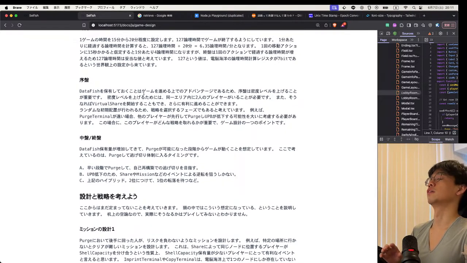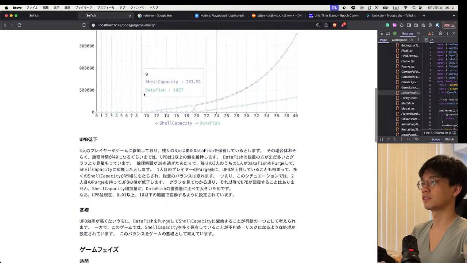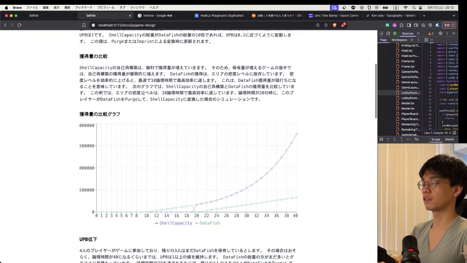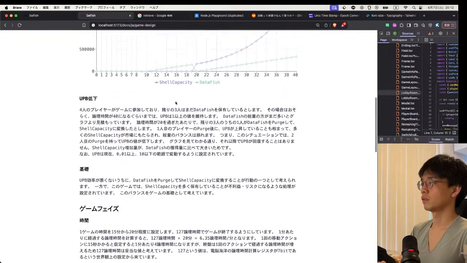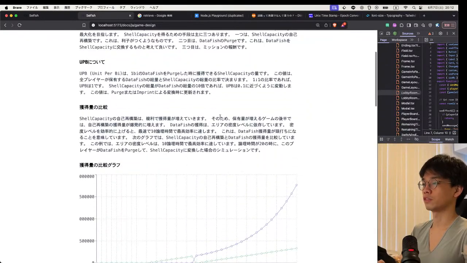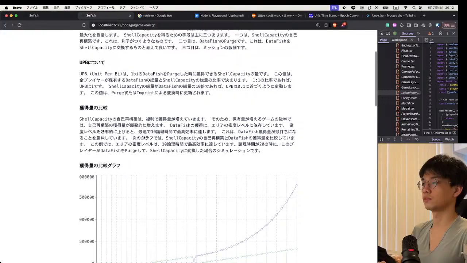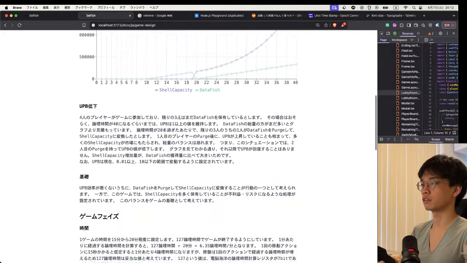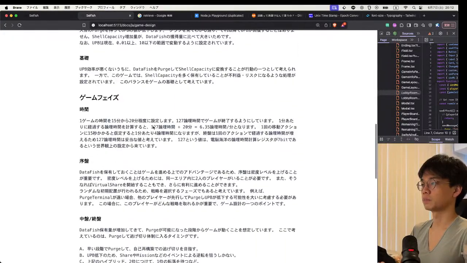So at the beginning of the game, it's important to increase density level. Density level is related to the amount of data fish to acquire.